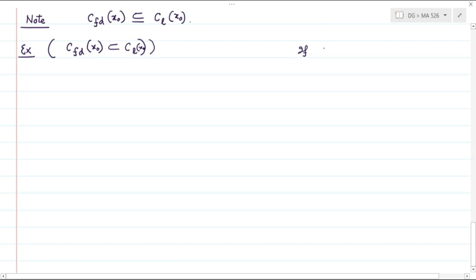If you had CL at x naught as a subset of CFD, that means any direction in CL is an element of CFD, then what will that prove? Together with this, it will prove that CL and CFD are equal. Now if I can give an example where CFD is strictly a subset of CL, then obviously this is not valid, right? This is not valid.